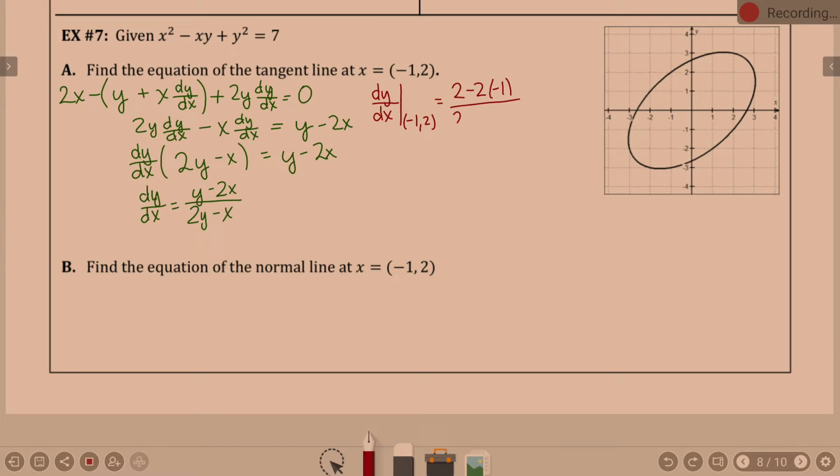If you're going to use official notation and say evaluate at (-1, 2), you should use the bar. If you just put dy/dx equals and then plug it in, I guess you could do that too.